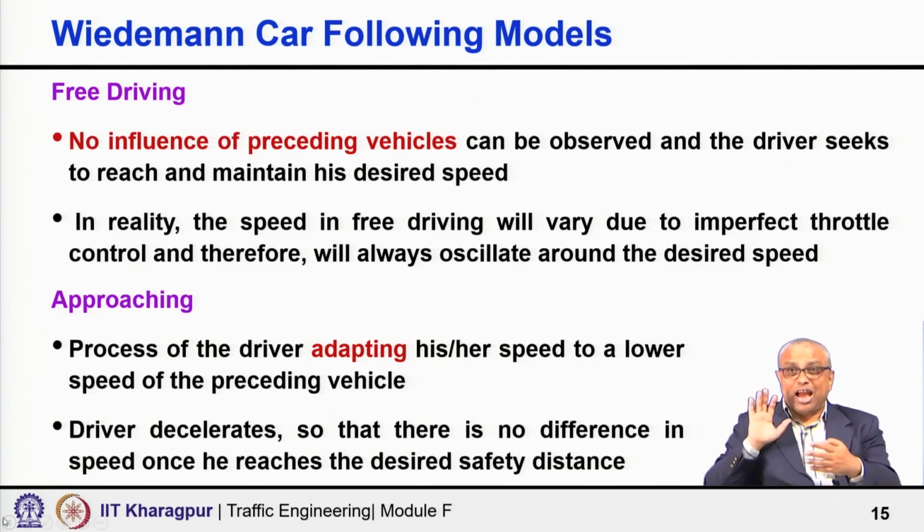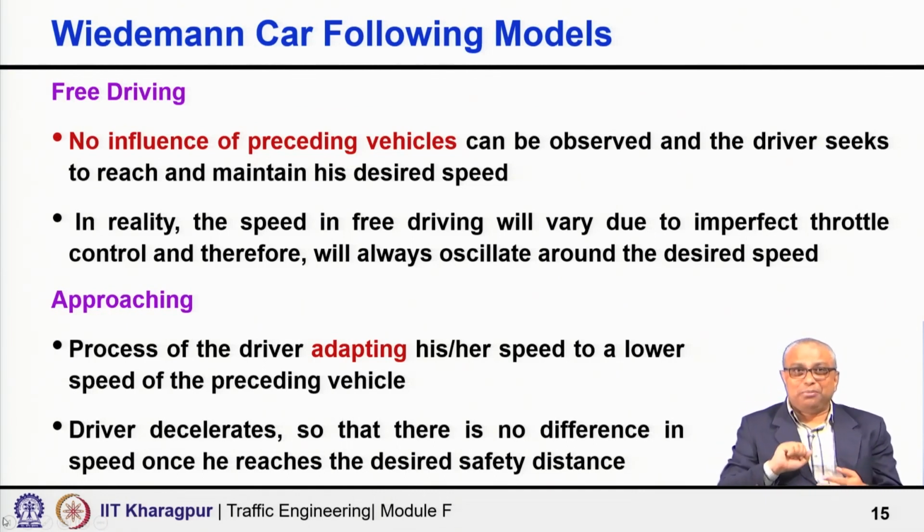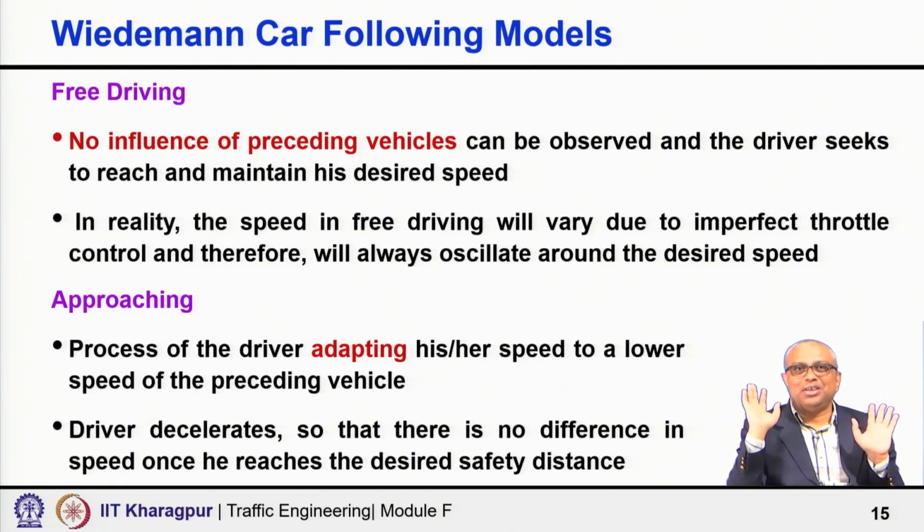Then approaching means the process of the driver now adapting his or her speed to a lower speed of the preceding vehicle. Now, the preceding vehicle's presence is felt. So, you want to slow down, you want to decelerate, so that there is no difference in speed once he or she reaches the desired safety distance.